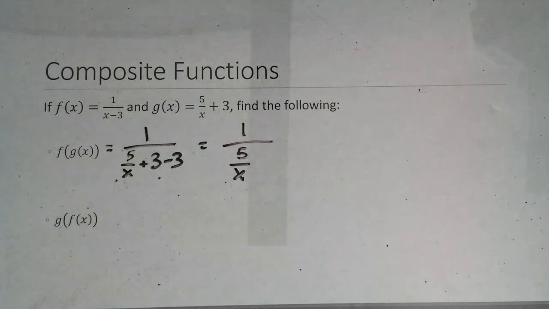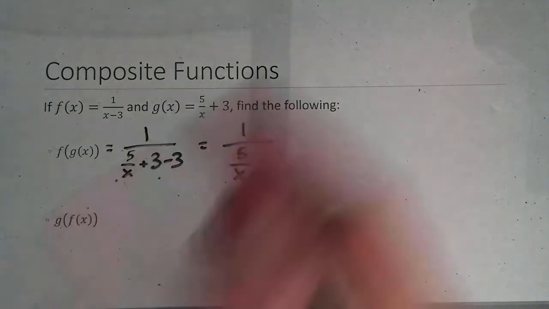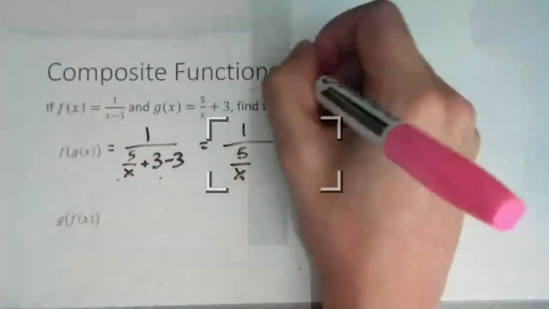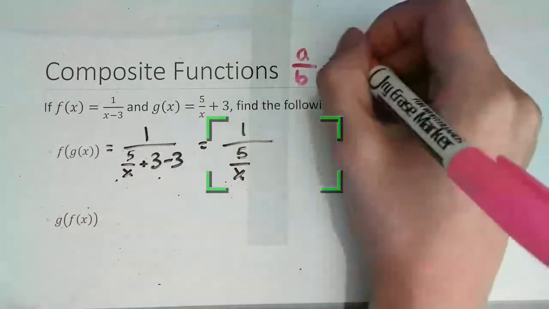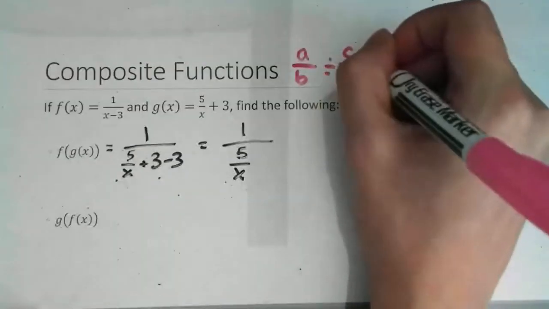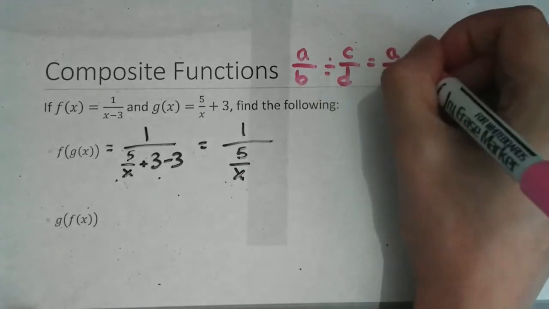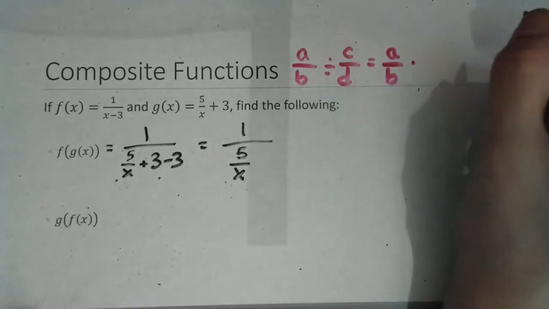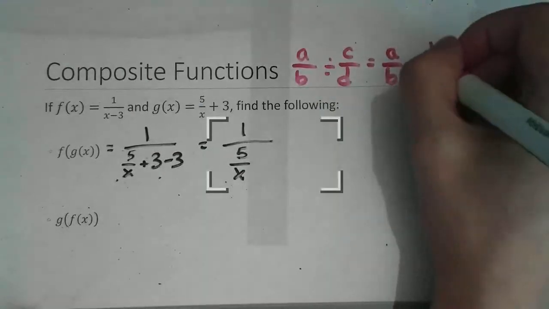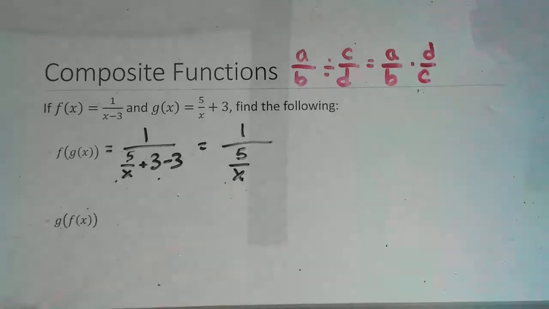But remember, if we have fraction division, a over b divided by c over d, we can do keep, change, flip. So we keep the first fraction the same, change from division to multiplication, flip the second fraction.